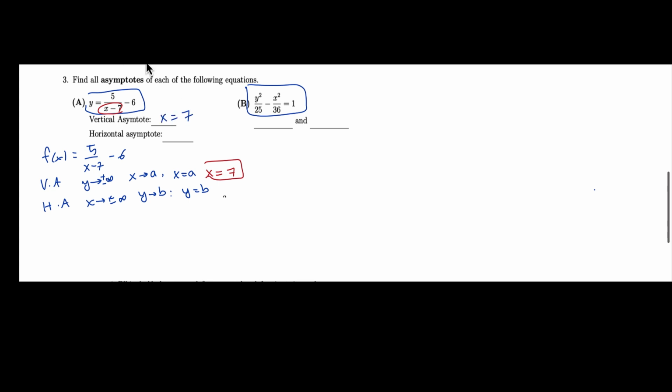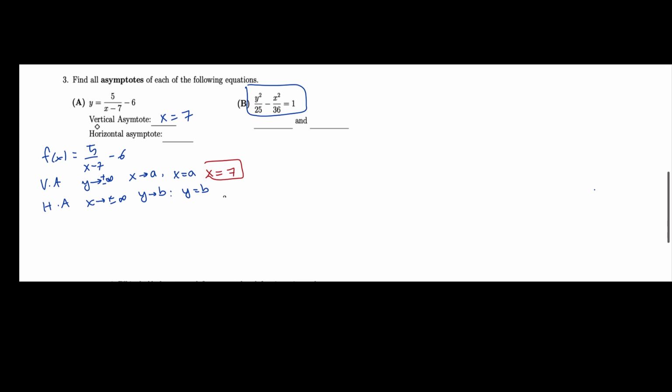Now the next question is, when does this have a horizontal asymptote? A horizontal asymptote happens as x goes to either positive infinity or negative infinity. In that case, the absolute value of the denominator gets really, really large.